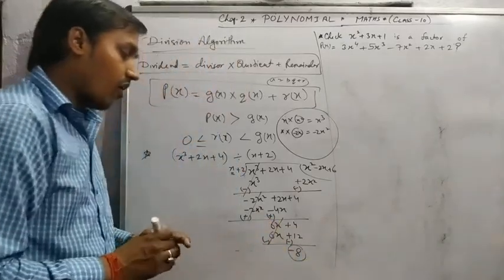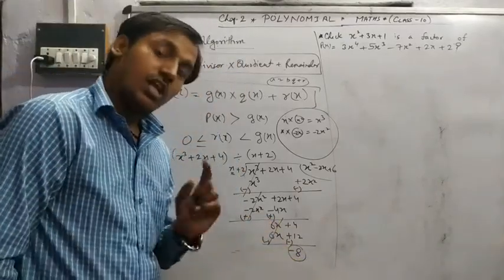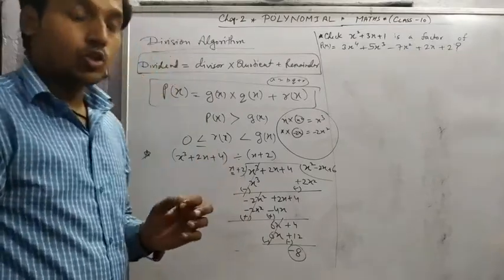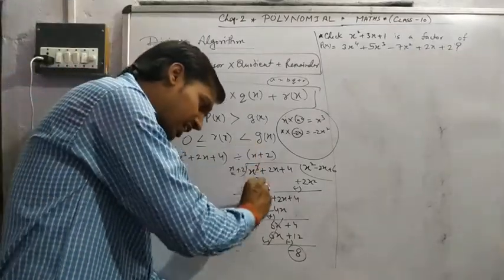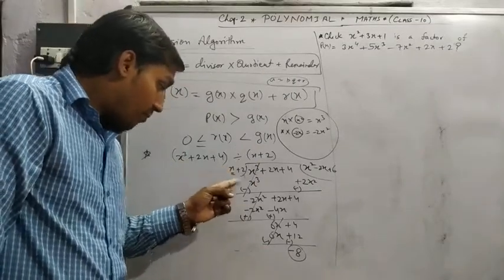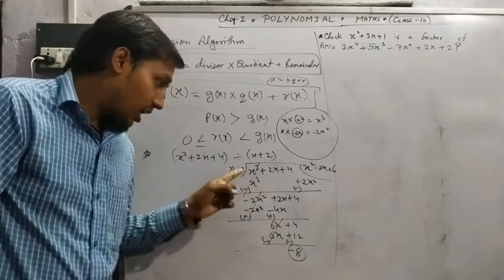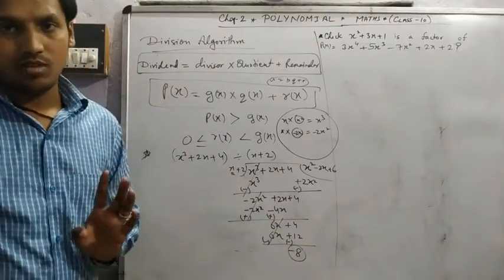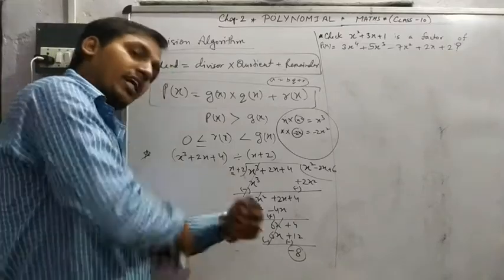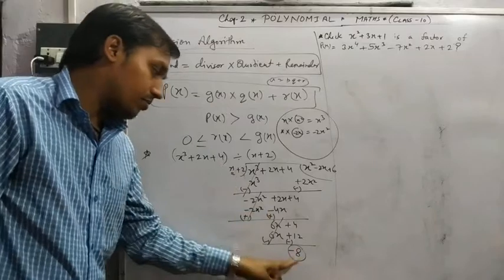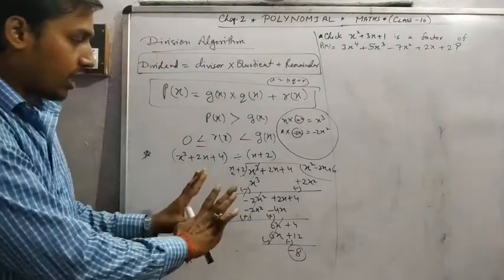The degree of minus 8 is 0 and this is 1. So the division will continue as long as the degree is not less than the divisor. Otherwise, we divide again. But here division is not possible because the degree is less. So it can be stopped.